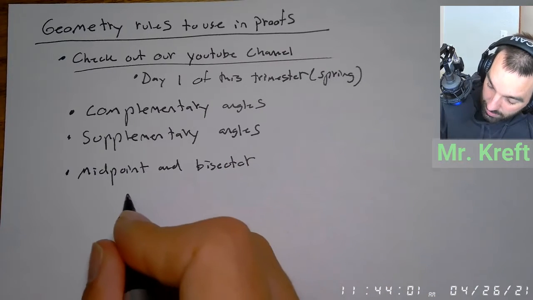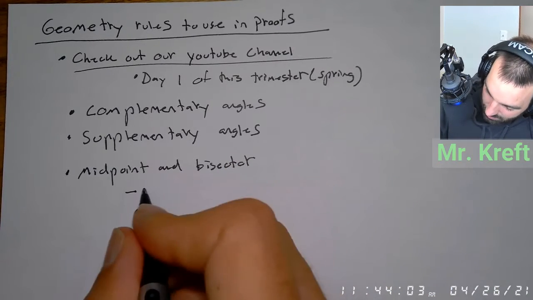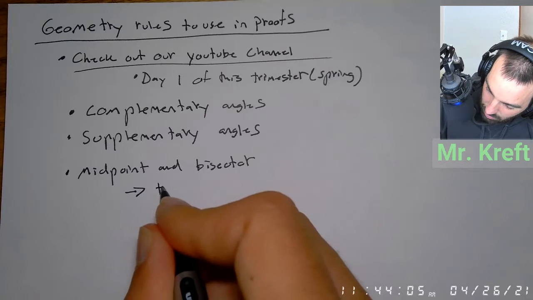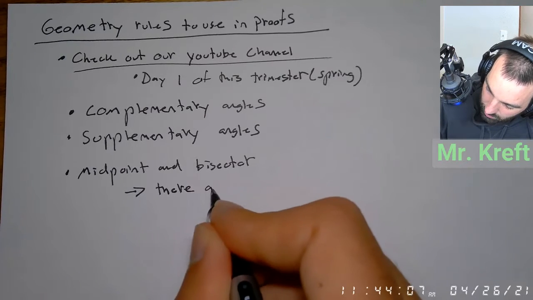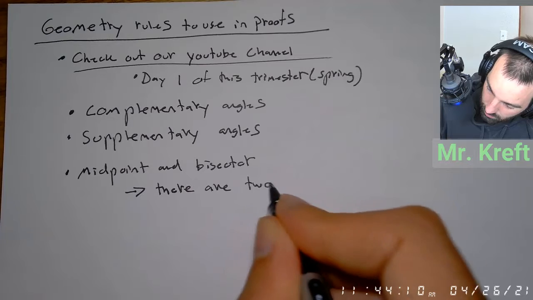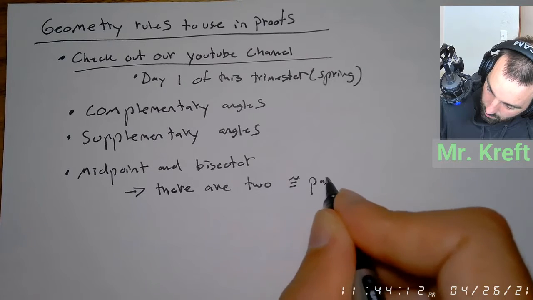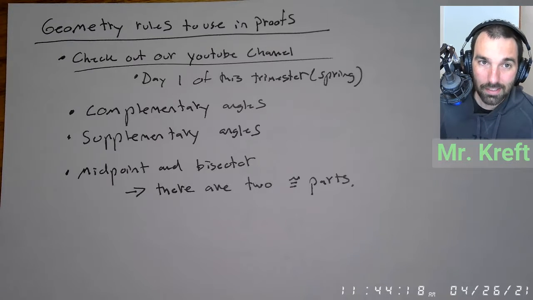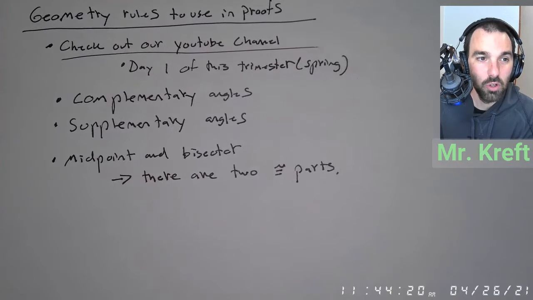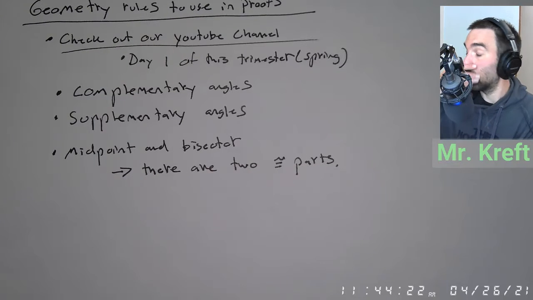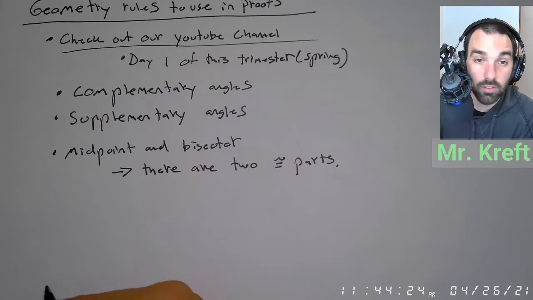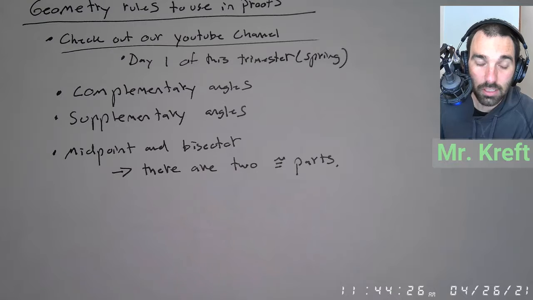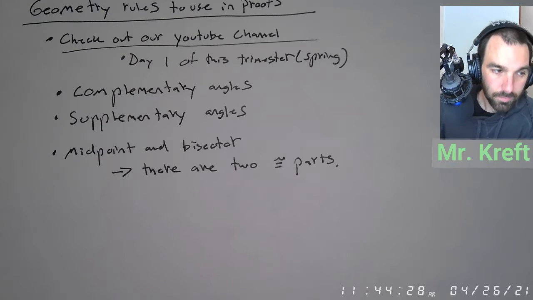And more importantly, know that there's going to be two congruent parts. Right? Because a midpoint is in the middle of two equal things, and a bisector cuts something into two equal things. So midpoint and a bisector, meaning that there's going to be two congruent parts. Really helpful for proving things congruent, right?